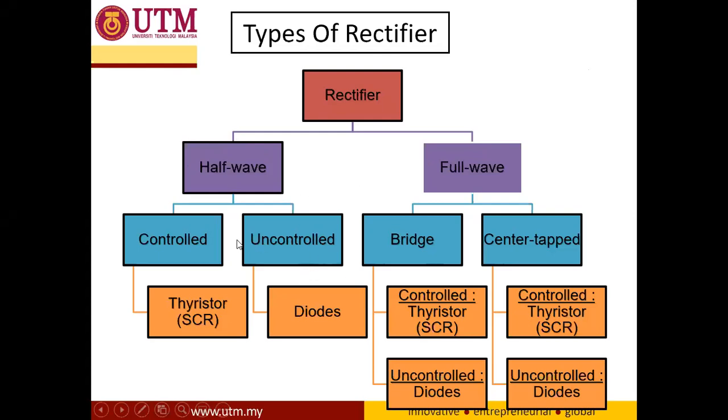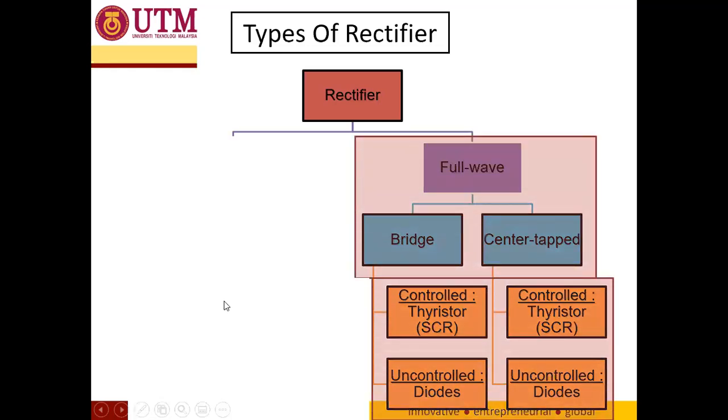We discussed controlled and uncontrolled, where for uncontrolled we used the diode with different loads, which are R and RL load. And for the controlled, we discussed using the SCR as the controlled half wave rectifier with R and RL load. So for this subtopic, we will discuss the full wave rectifier.